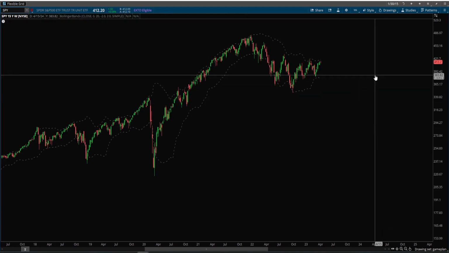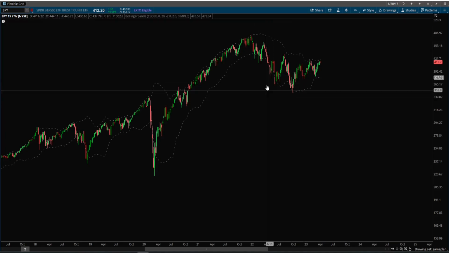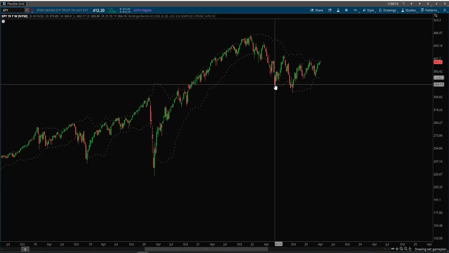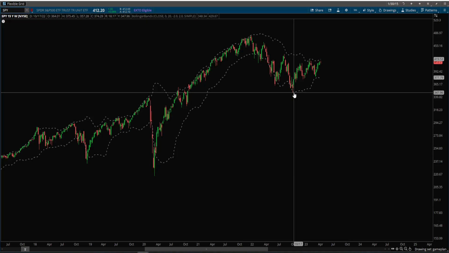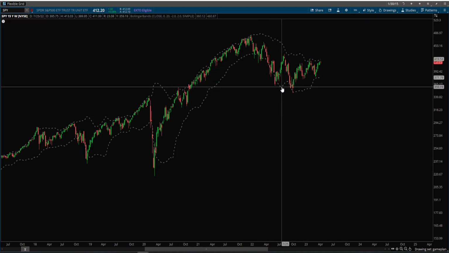So for longer term investing, if you're trying to identify good spots to buy, historically speaking, when the price is below or at the lower extreme here, the lower Bollinger Band, has typically been a pretty good time to buy, right?